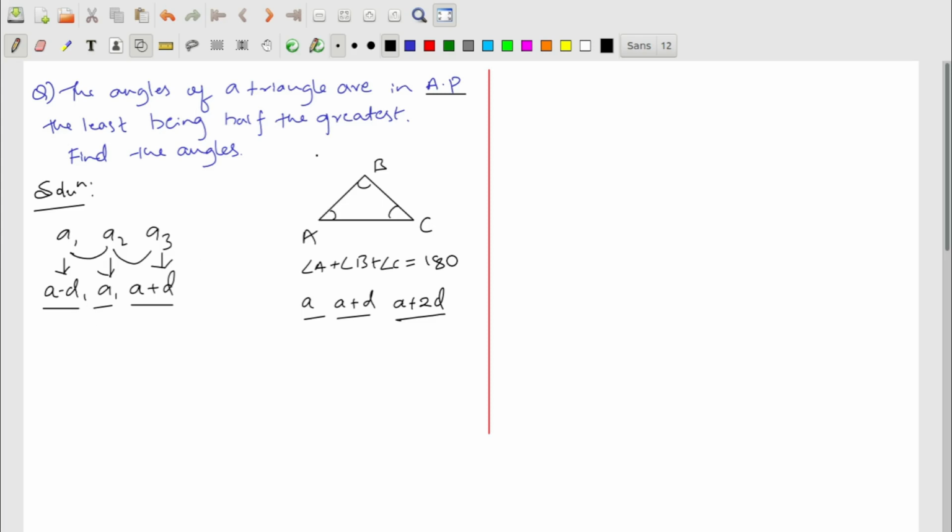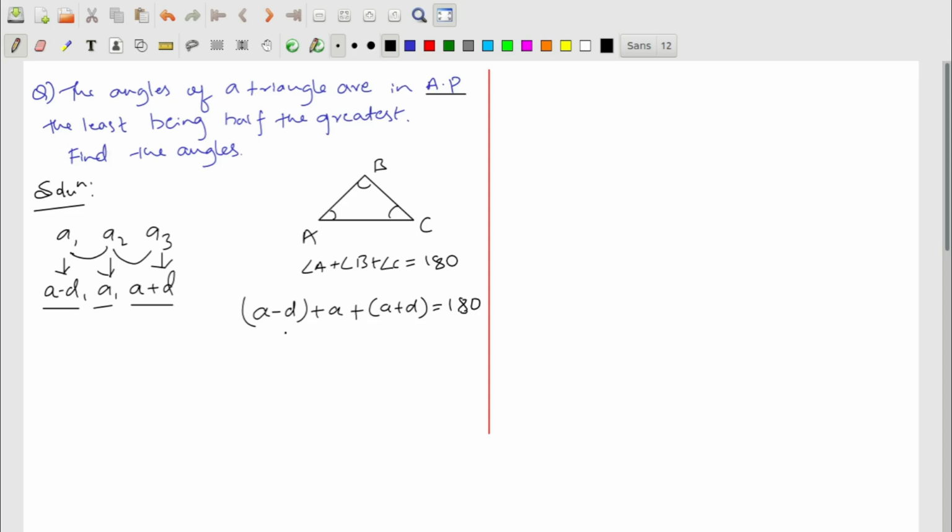Now apply the conditions, right? So what is the first condition here? Sum of all the three angles. So here the sum of all the three angles is 180. So my first angle A minus D plus the second angle plus the third angle is equal to 180.